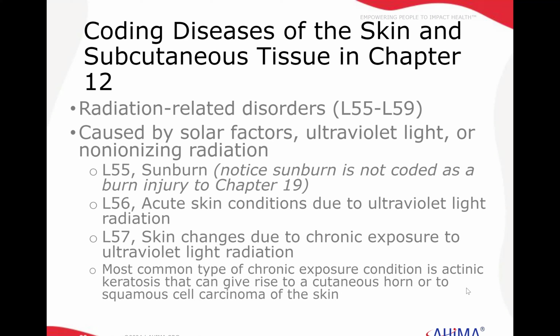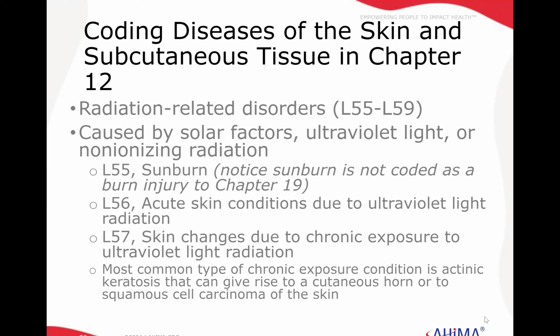Sometimes we get the radiation-related disorders, the L55 through L59, caused by sunburn. L55 is a common category for sunburn. It's not coded like other burns that we see in Chapter 19. We also have the skin conditions due to ultraviolet light, the L56, L57.